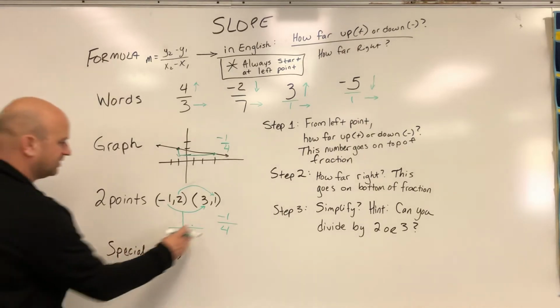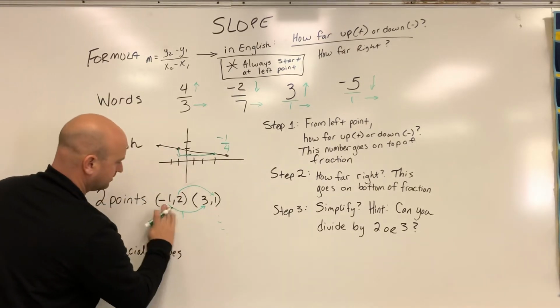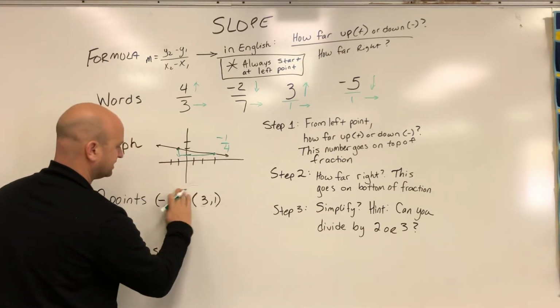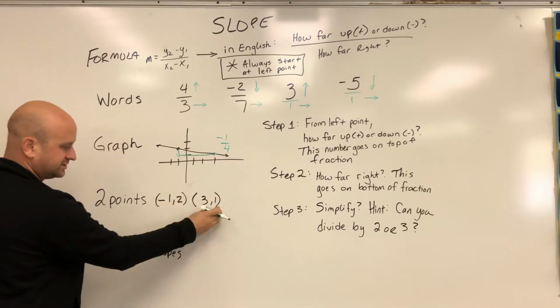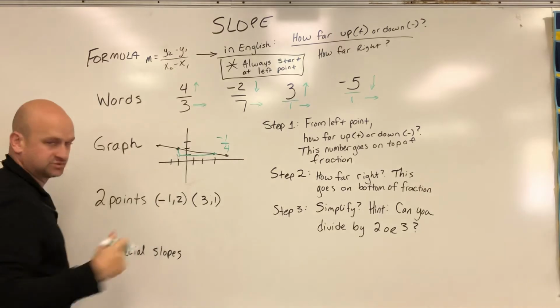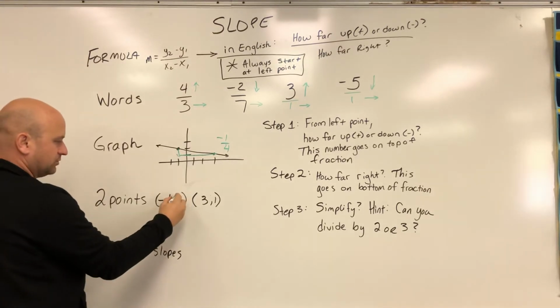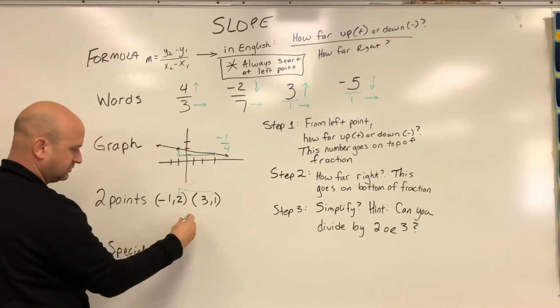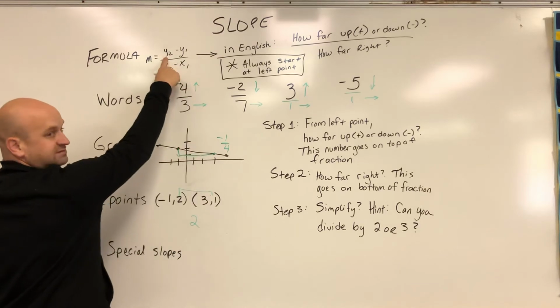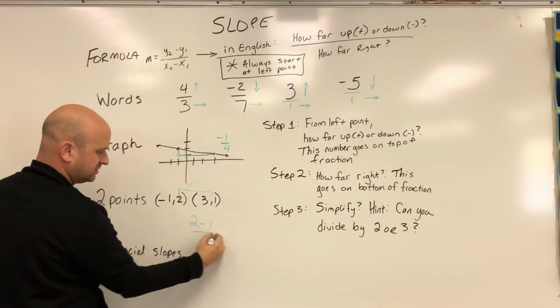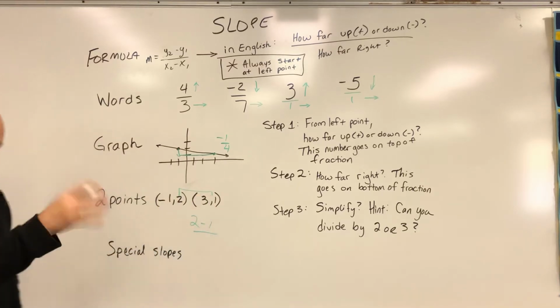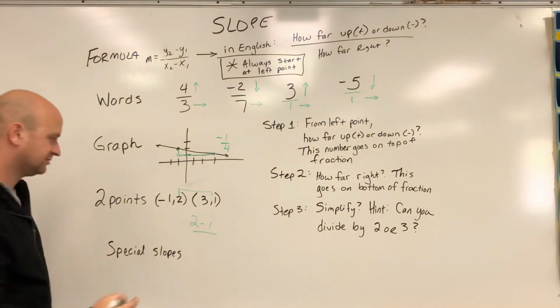Now, what about using the slope formula in this case? Okay, so I'm going to call this the second coordinate and this the first coordinate because it doesn't matter which way, okay? So the y value, 2, is this value, and then I'm going to do the opposite of the other y value. So the y value on the right side is 1, the opposite is -1.